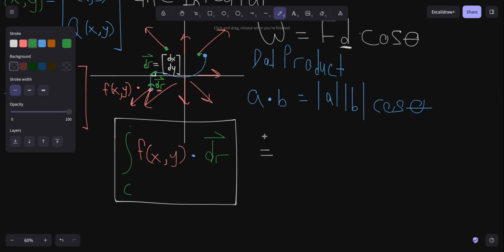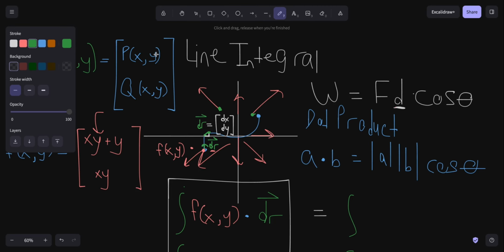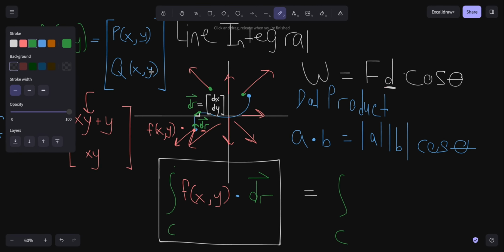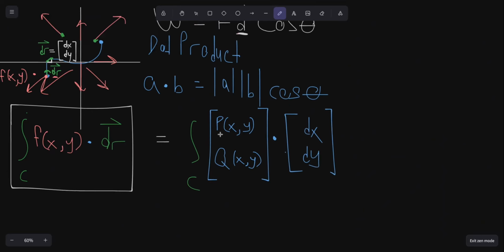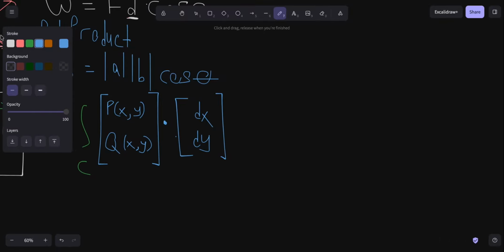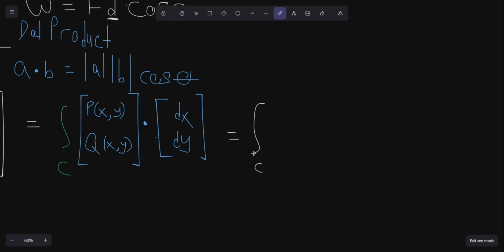So take a look at this. What's F of x comma y? Well, we said that's P of x comma y and Q of x comma y. And we also know that dr is a tiny change in x and a tiny change in y. If I take the dot product between these two things, I just get this line integral, still on the same curve, but now it's P of x comma y dx.